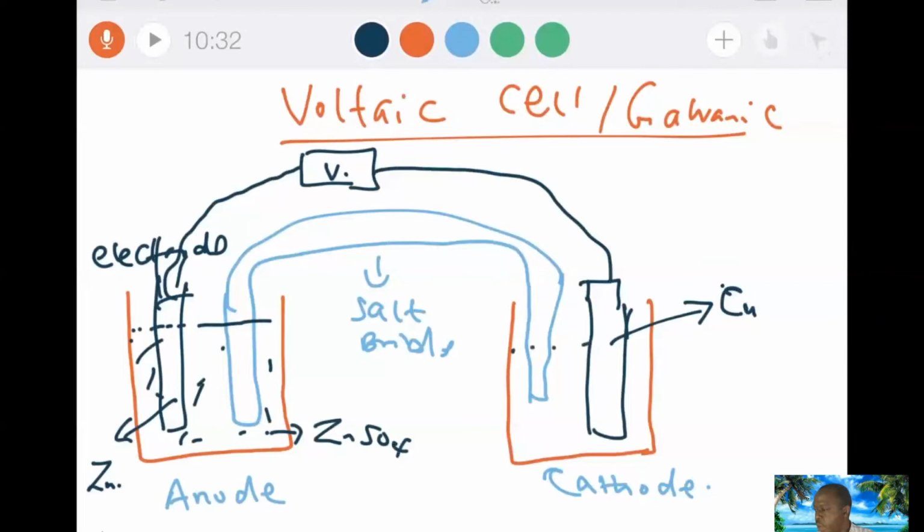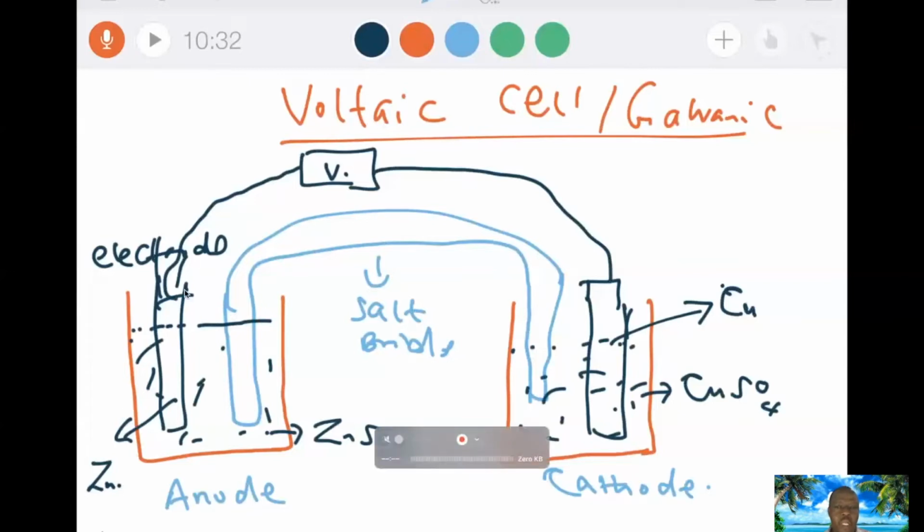Here you have copper sulfate solution. I have drawn a galvanic cell or voltaic cell with the two half cells. We call this a half cell, and this is a half cell.